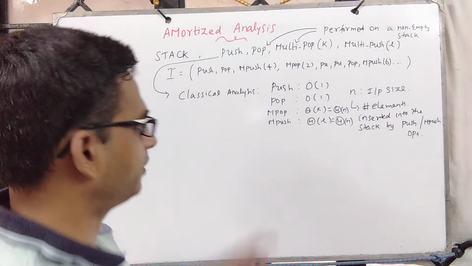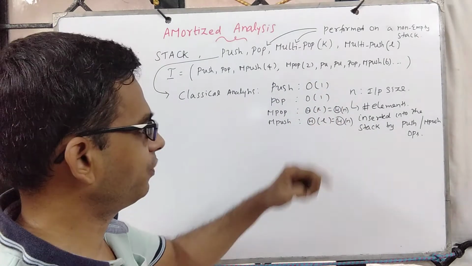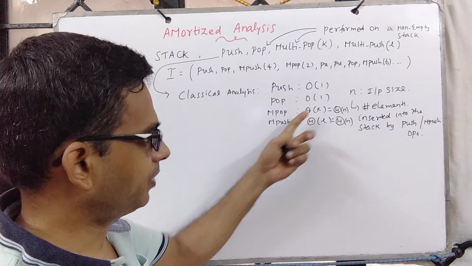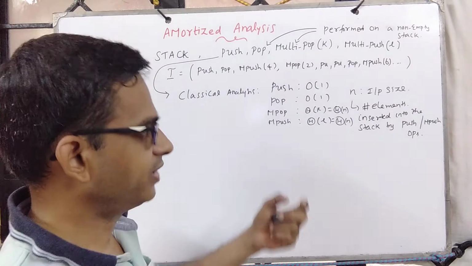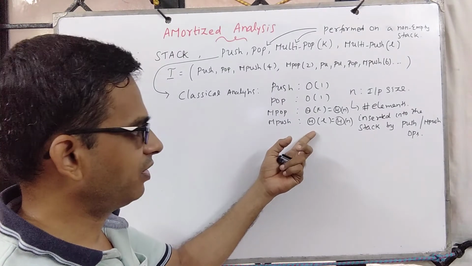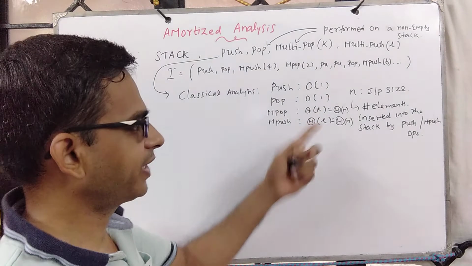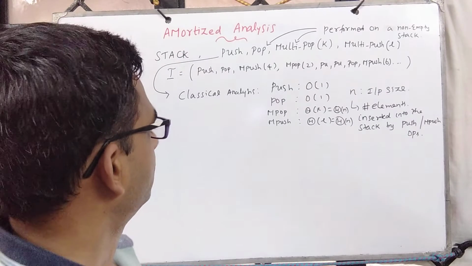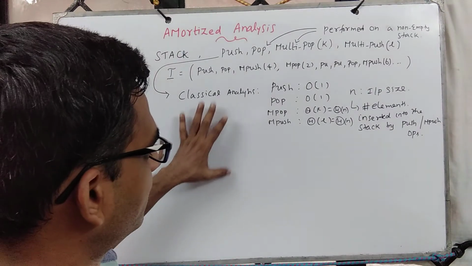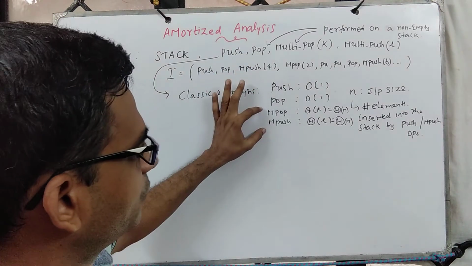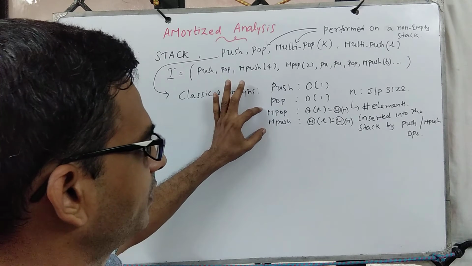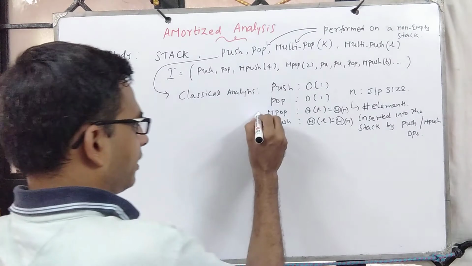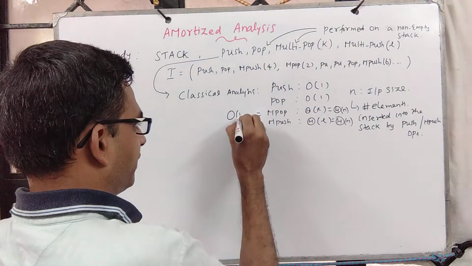You may perform multi-push of say N by 4 and multi-pop of N by 10 and multi-pop root N, multi-push root N, multi-push log N. So these two can be functions of N. So now classical analysis says these two are constant and these two can be functions of N.